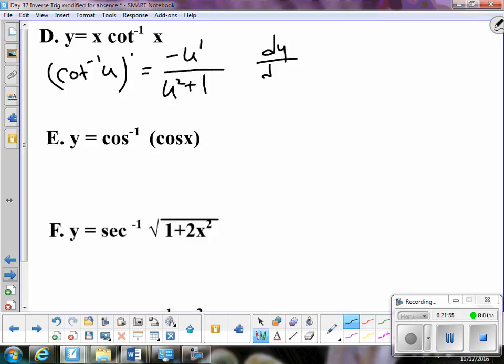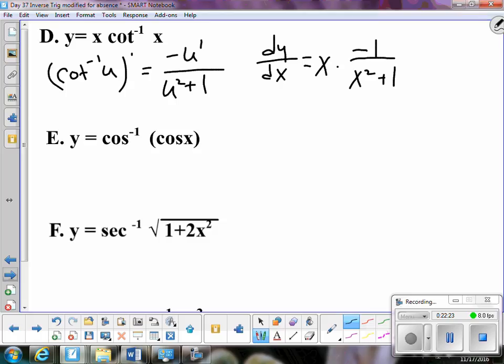So we'll get to that. So dy dx, first x times derivative of the second. That's the derivative of inverse cotan of x. Now this time our u is just x. So we're just going to have negative, the derivative of x is 1. The denominator, we need u squared, so that's just going to be x squared plus 1.